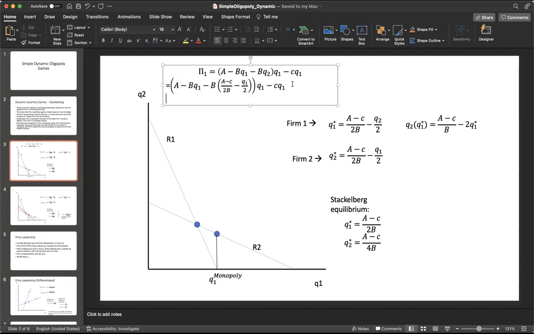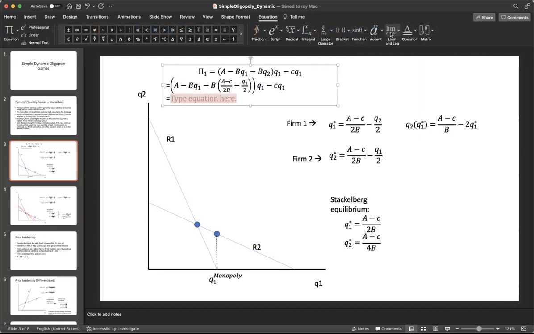Siguro, ayusin muna natin, diba? So, eto, ano mangyayari doon? This is very interesting. A minus B Q1. And then this one, the first one will become what?